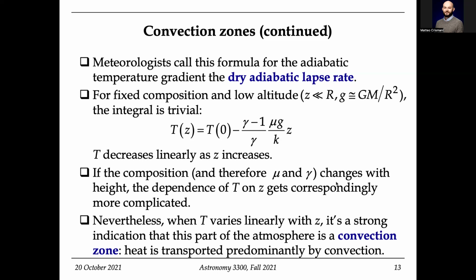Okay, so let's think about that now. You start at some value, and then you go up. You see? So in this section here, you are more shallow than the dry adiabatic lapse rate, right? More shallow. You're losing temperature faster.